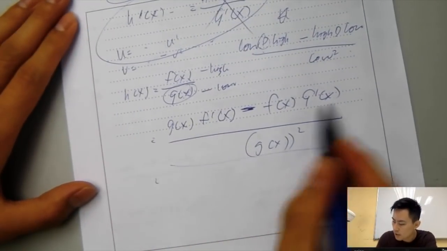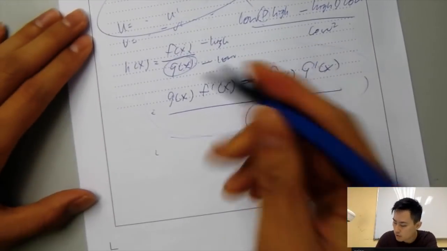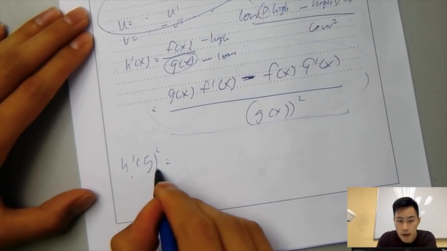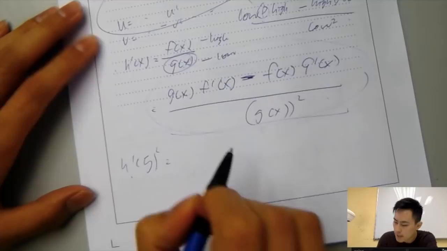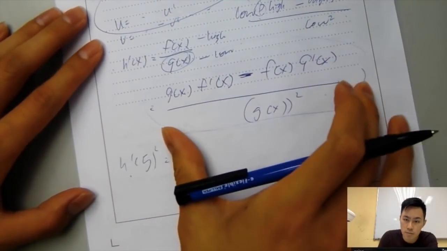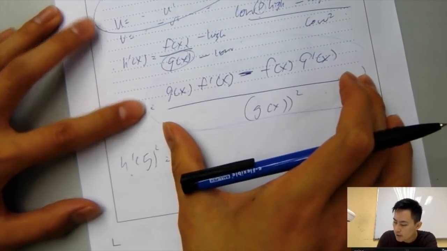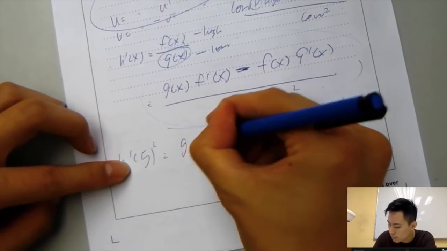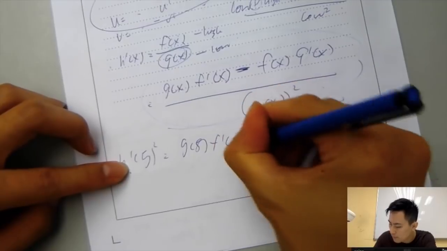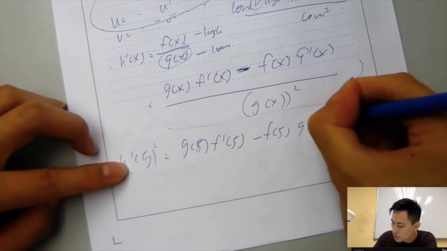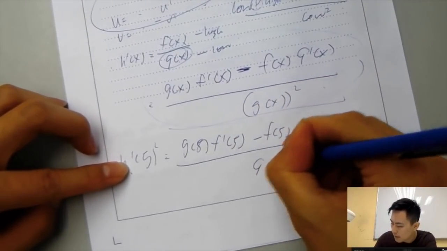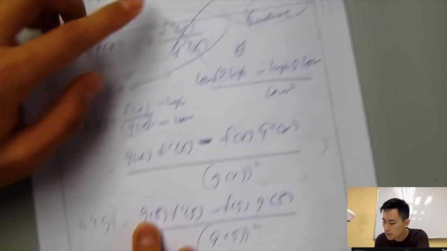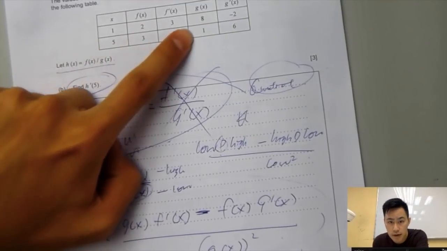That's it. After we get that, you just need to substitute the numbers. We want to find h prime of 5. So to tackle this question, the trick is to define and write the quotient rule, and then plug in 5: g(5) times f prime of 5, minus f(5) times g prime of 5, over g(5) squared. Just look at the table. For g(5), we have x here, and g(5) is 1.